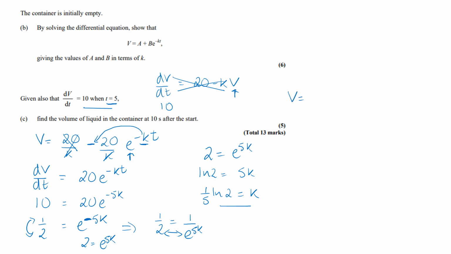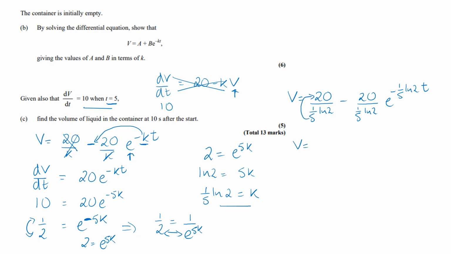So now let's put it in for V. V is equal to 20 over 1/5 the ln of 2, minus 20 over 1/5 the ln of 2, e to the minus 1/5 the ln of 2 t. Now I don't like having fractions in fractions, so that 1/5 on the bottom would come on the top and make the top 100.